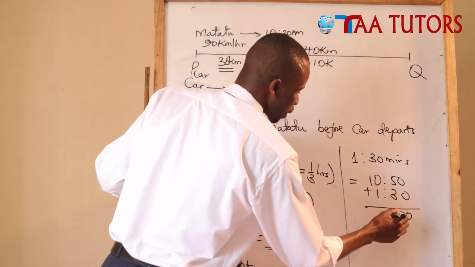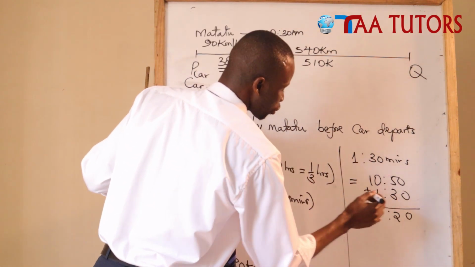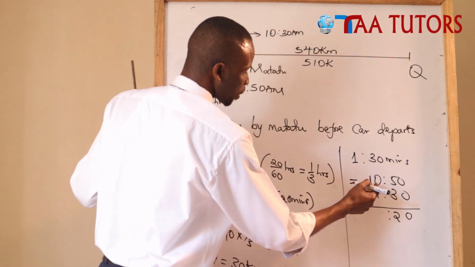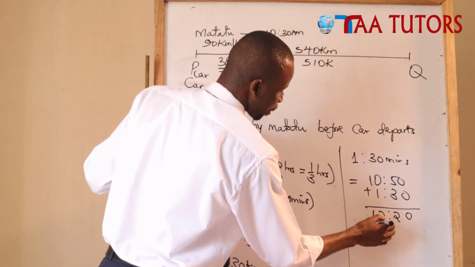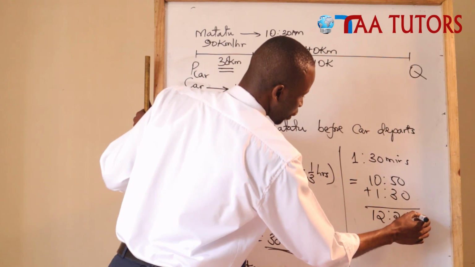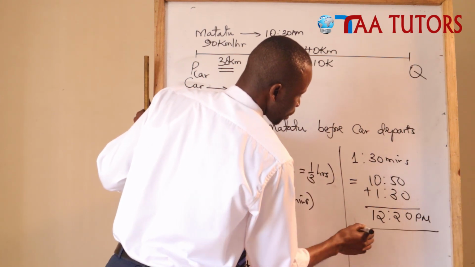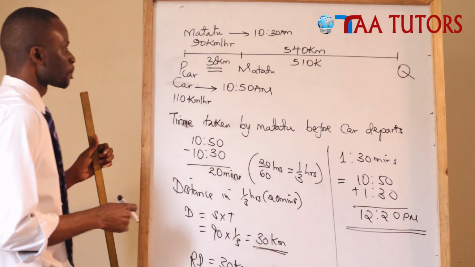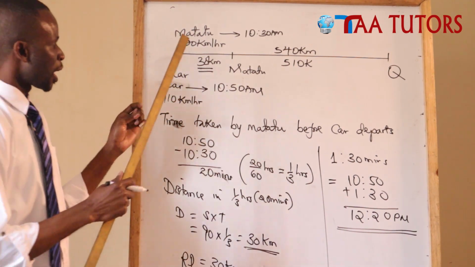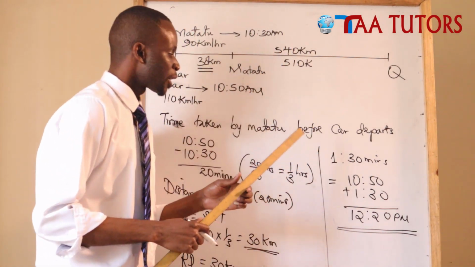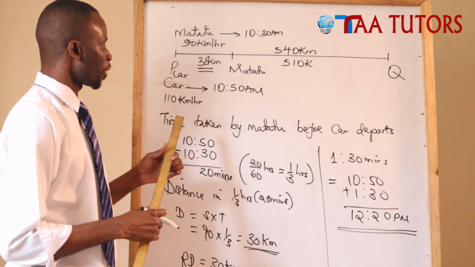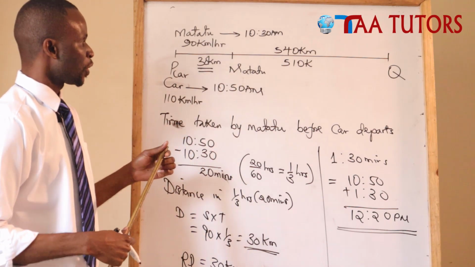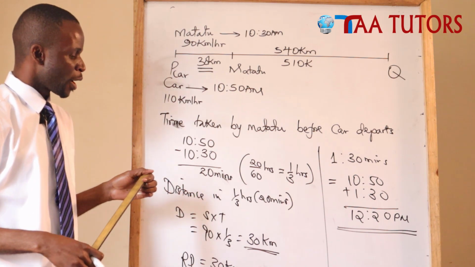So we carry 60, which is 1 hour. We write there 20, and then we bring that 1 hour here. That is 11 plus 1 is 12. So the matatu and the car meet at 12:20 p.m. That is the time when the car will catch up with the matatu.